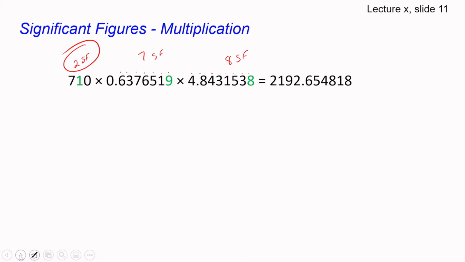So in our answer, 2 sig figs would be right here. That second sig fig, that's where our wiggle room is. That's our uncertainty. This is telling us our uncertainty has to be in the second significant figure. So if that's our second significant figure, then we have to look to the number to the right of it. Would it round up? And the answer is yes. So our answer is 2,200. Mind you, that's not the same as this.